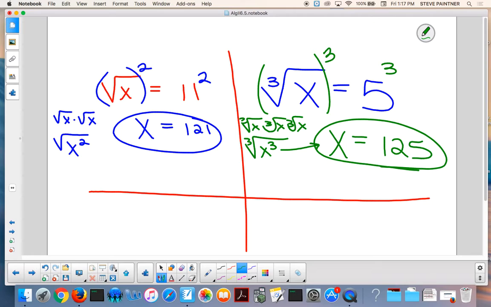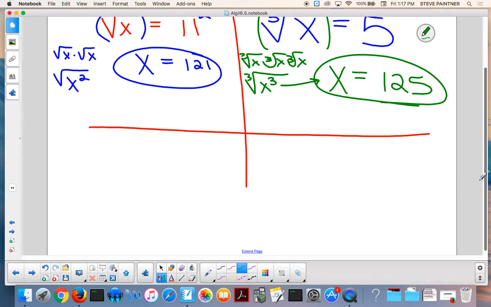But here's the thing. You don't always get radicals. Sometimes you get this. Remember how it was 11? Up there it said the square root of x. Sometimes you're going to get this: x to the 1/2 equals 11. And we know the answer, don't we? What is it? 121.